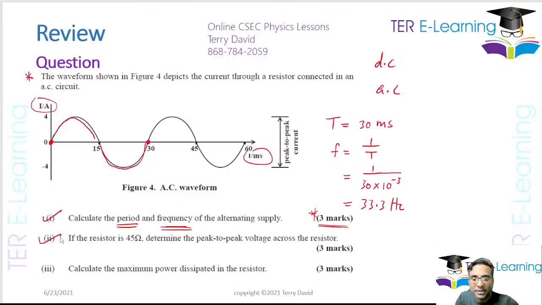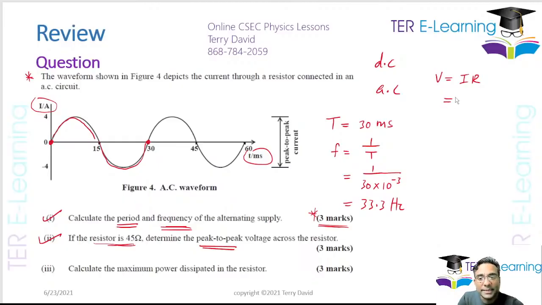Now the next part of the question: if the resistor is 45 ohms, determine the peak-to-peak voltage across the resistor. You have to be careful with this as well. In order to find your voltage, you all should know the formula V is equal to IR. You all need to know this, right?